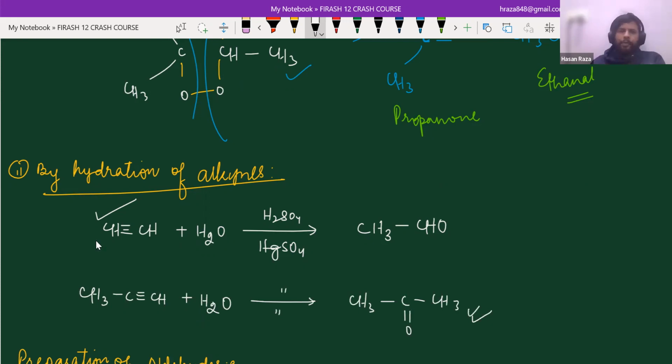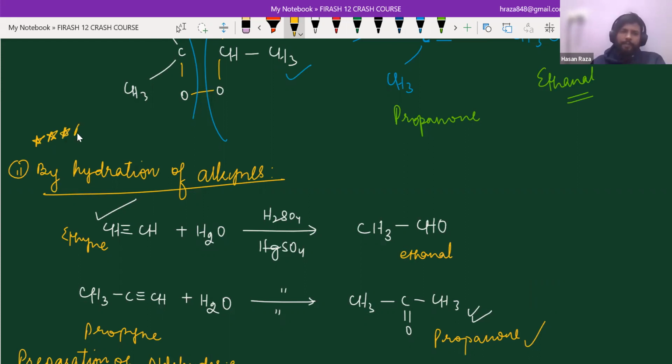So always remember, ethyne will be converted into ethanal, but other alkynes like propyne will give you propanone, ketones. It will always give you ketone. So this reaction is also very important. What about methane?